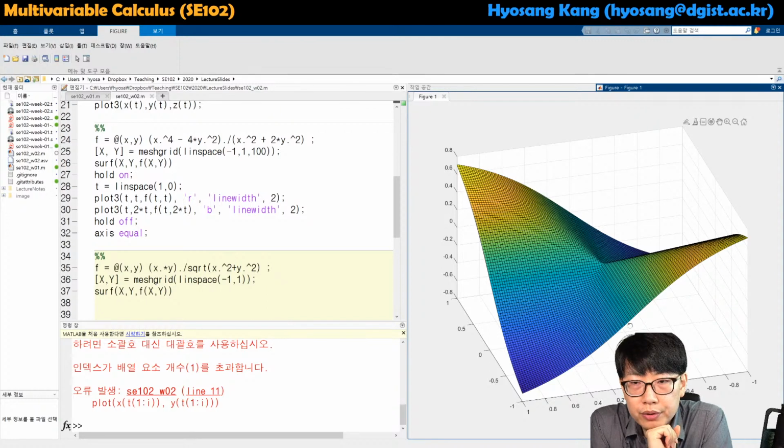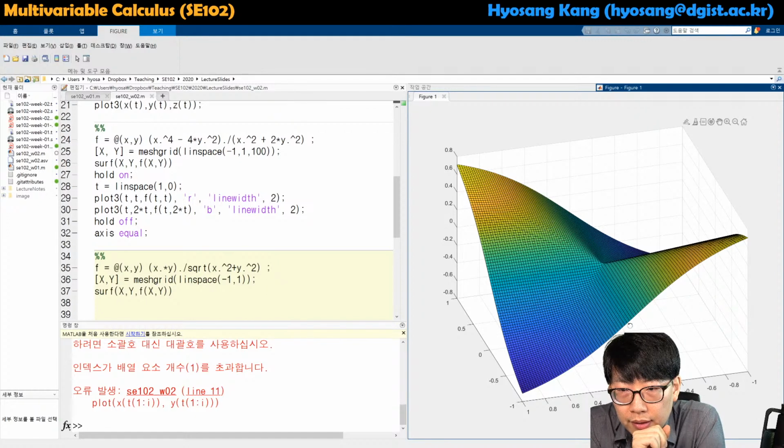Okay, so one more question. In a single variable function, we assume that |x| is less than delta, but in a two variable function, we assume that the distance between the origin and (x,y) is less than delta.